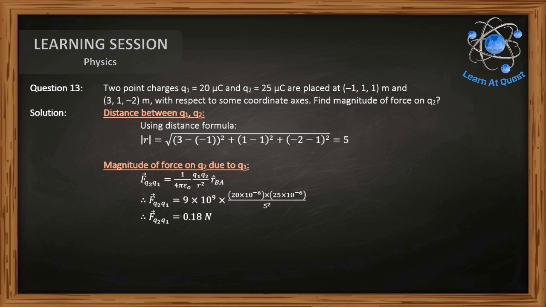We get F Q2 Q1, which is the force acting on Q2 due to Q1, equal to 1 by 4 pi epsilon naught Q1 Q2 upon r square, which is equal to 9 into 10 raised to 9, that is the value of the constant 1 by 4 pi epsilon naught, multiplied by Q1, which is 20 into 10 raised to -6 coulombs, multiplied by Q2, which is 25 into 10 raised to -6 coulombs, divided by r square, therefore 5 square, which is equal to 0.18 newtons.